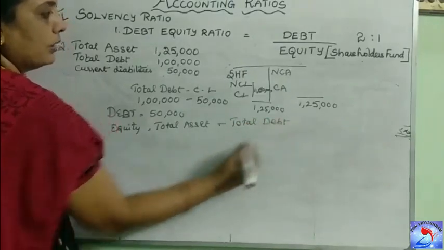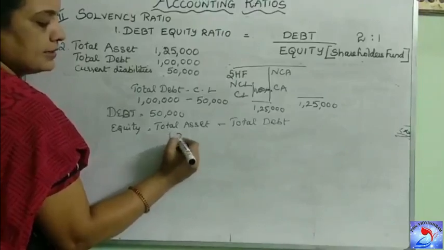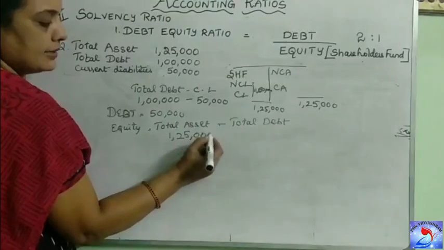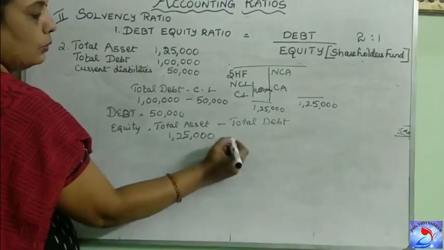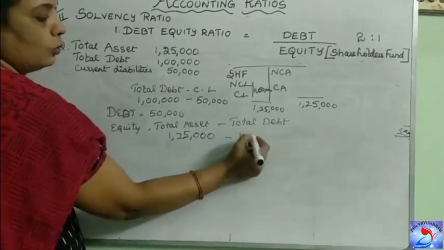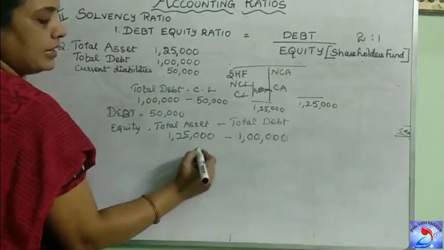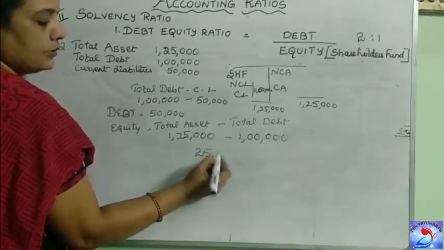Total asset is 1,25,000 and total debt is 1 lakh rupees. So equity is 25,000.